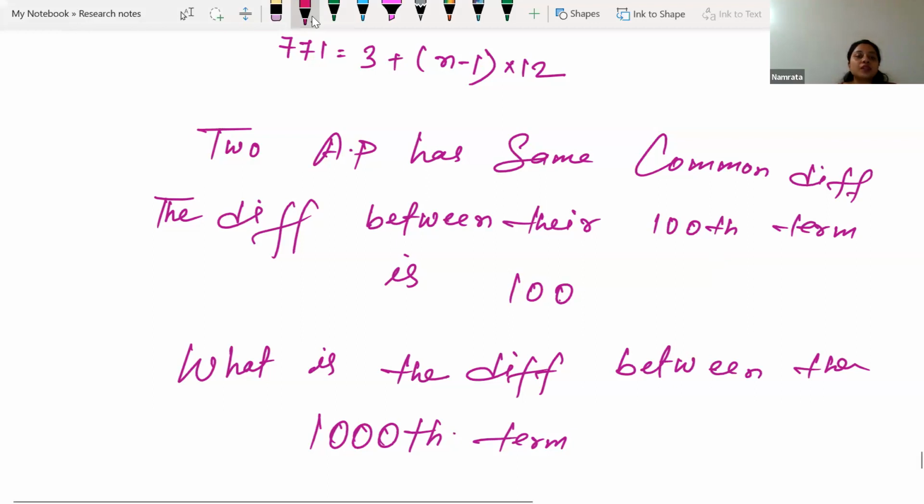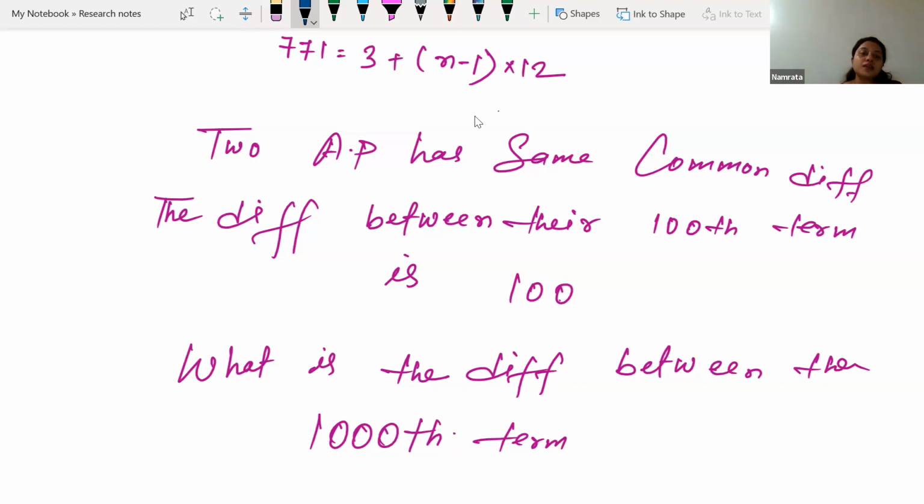Here it says two different APs are there, but both having the same common difference. It can happen that here the gap is 2, there also the gap is 2, but we have completely different APs. The difference between their 100th terms is 100.